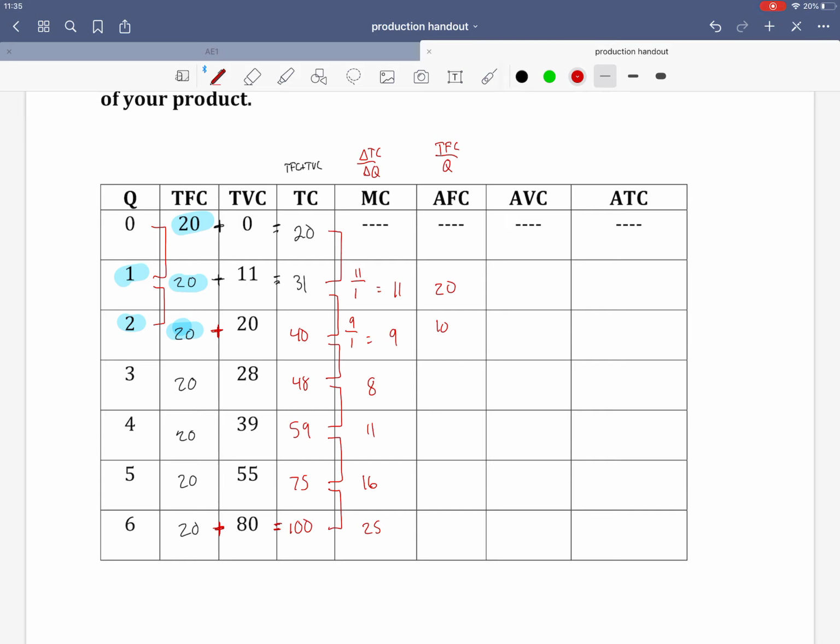As we take our 20 divided by 3, that's going to give us 6.67. 20 divided by 4 is going to be 5. 20 divided by 5 is going to be 4. And then lastly, when we take our 20 divided by 6, that is going to give us 3.3. Now, as I mentioned earlier, we see that our average fixed cost goes down as we produce more, because once again, we're able to spread those fixed costs over more units.